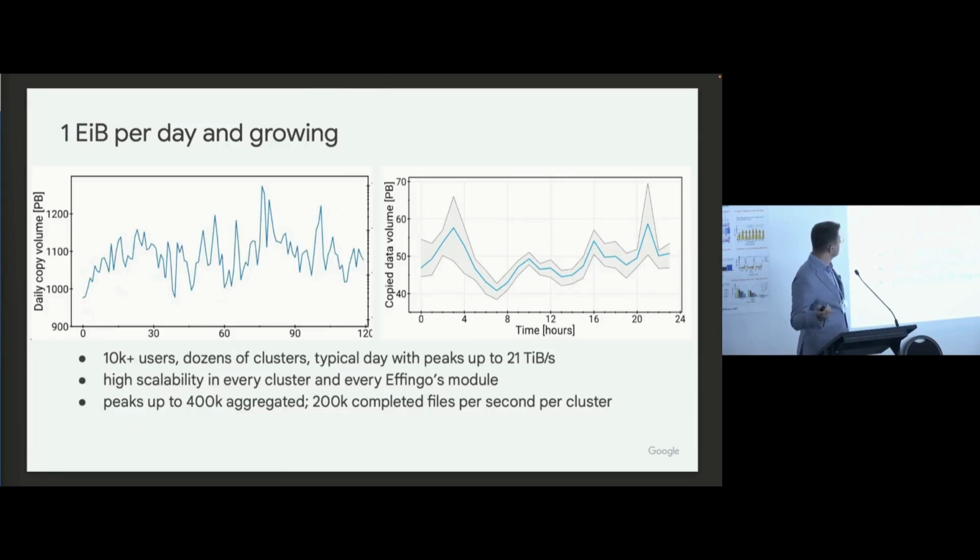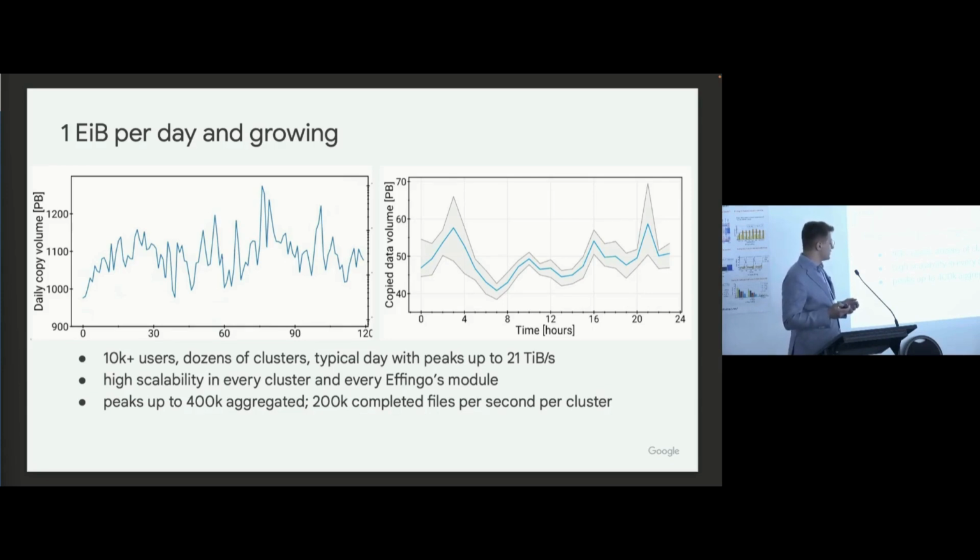So that's some usage statistics, for a typical day. We copy more than 1.2 exabytes per day, across all data centers, all users aggregated. It means that we typically have traffic of about 200,000 files per second worldwide, all users.